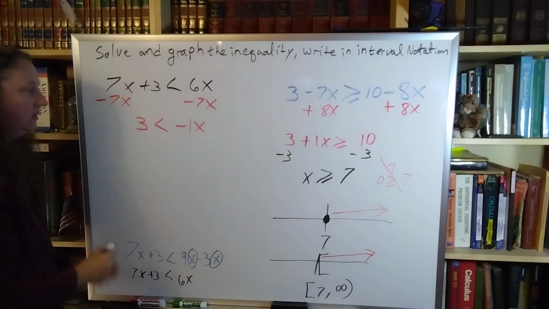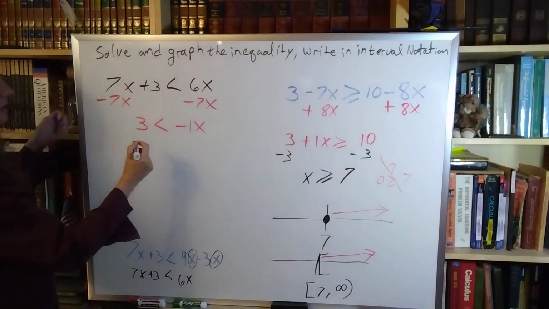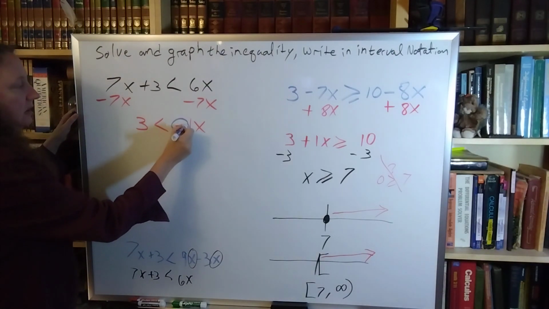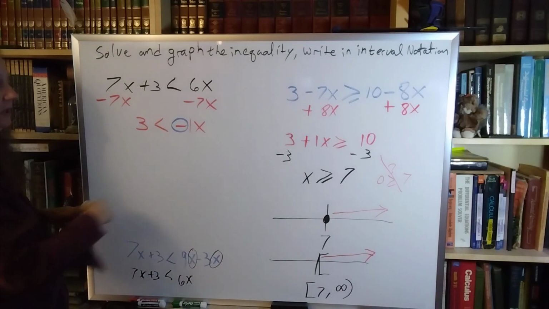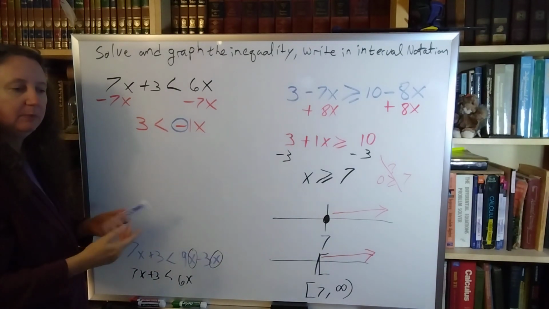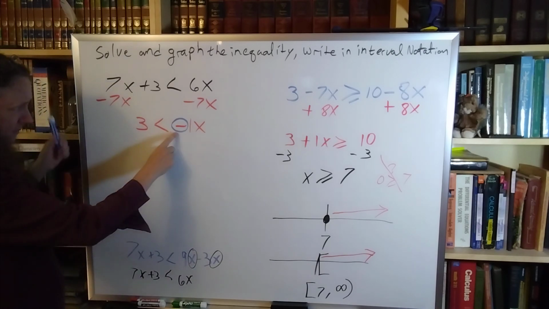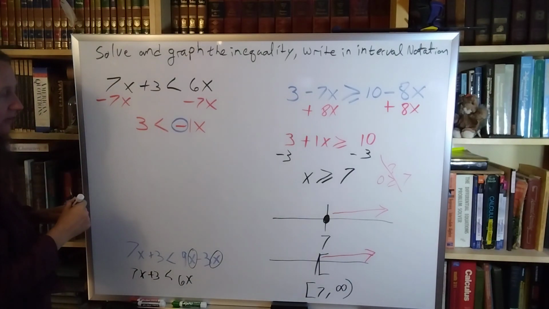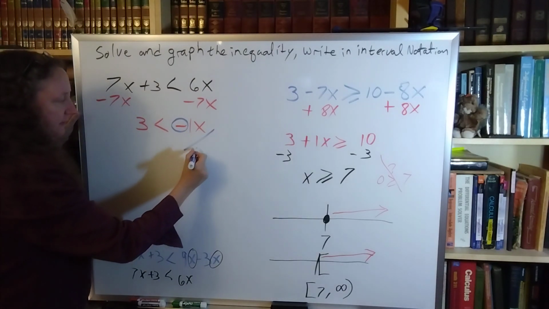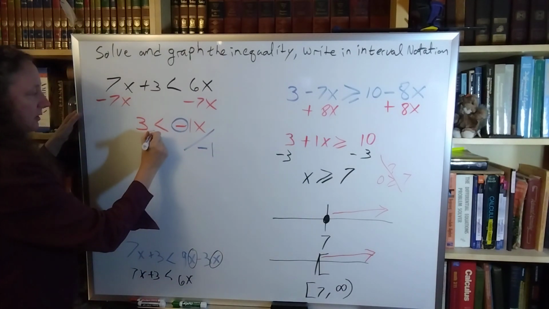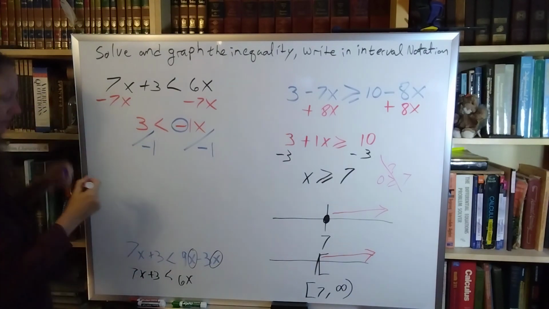So looking at this, very important thing here is that negative sign. The 1 isn't as important because anything times 1 is itself. But that negative sign is very important there. I have to get rid of that. So I have to divide the negative 1 out.